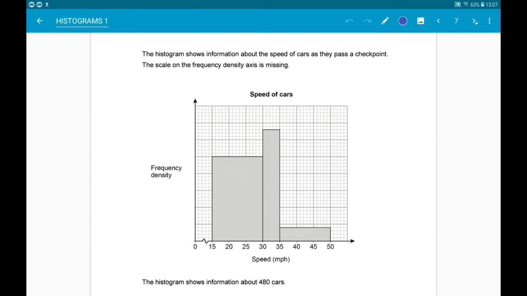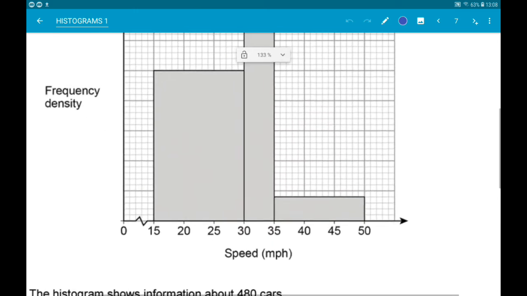For that we're going to need to know the frequency density. The way that we're going to do this is we know the total area has to be 480.